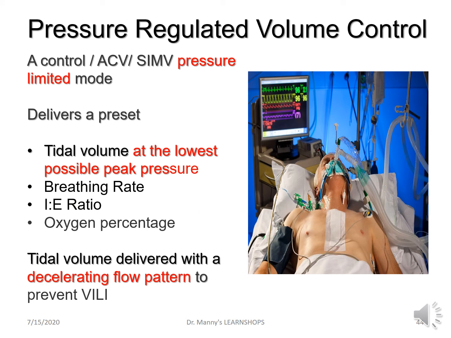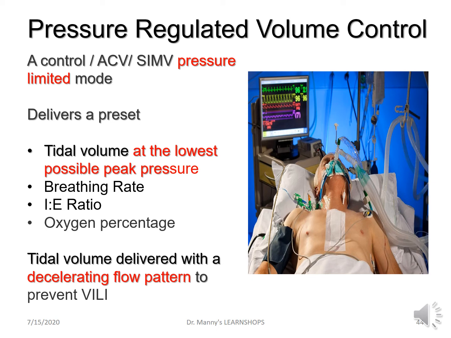Pressure regulated volume control. This is a mode of ventilation that relies on volume, but the pressure is regulated by the machine. So what the machine tries to do is deliver the set tidal volume at the lowest possible pressure.